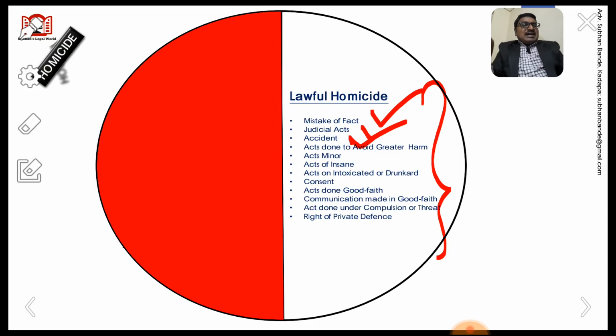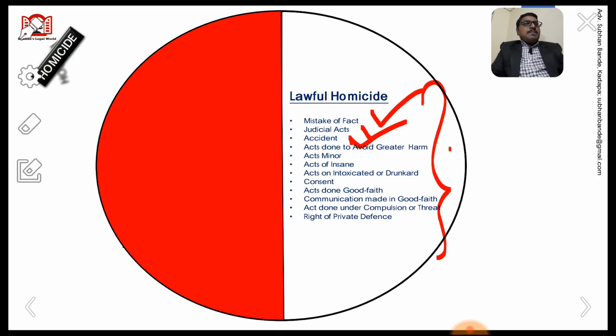If a person causes the death of another person because of the accident, it is treated as lawful homicide. The acts to avoid greater harm, if a person causes the death of another person, it becomes a lawful homicide subject to the essential conditions specified under the concerned section of law.